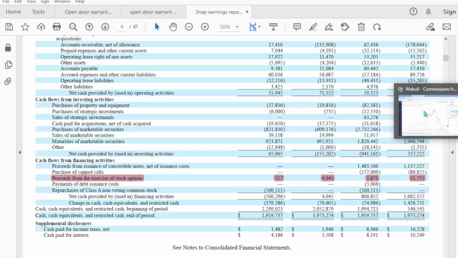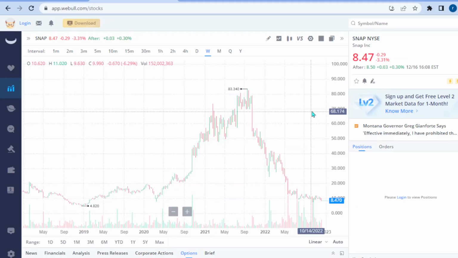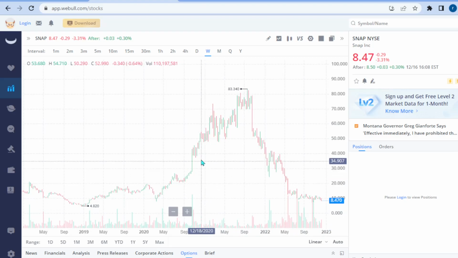Well, let's go back to the stock price. Here's 2021. In 2021, this thing was worth over $50. Now in 2022, this thing is really falling. It's going from $45 all the way down to where it is now, $8.47. Most of those employees are going to exercise the options right around here, where the stock price is literally just euphoric.